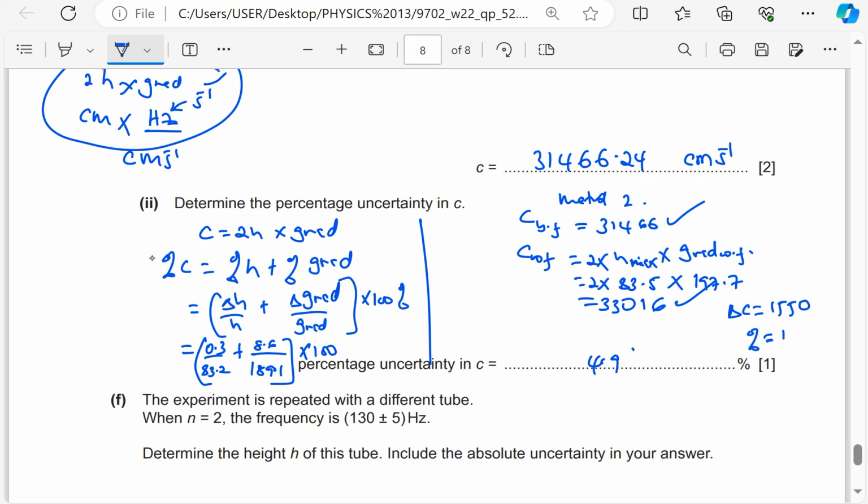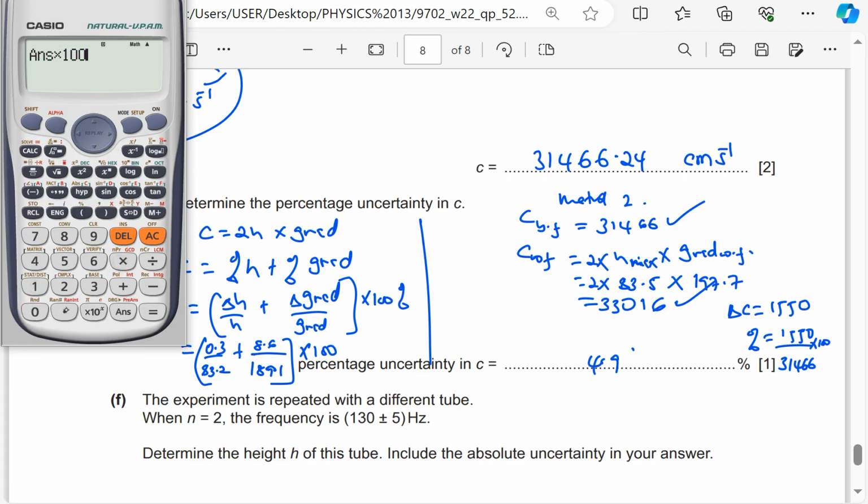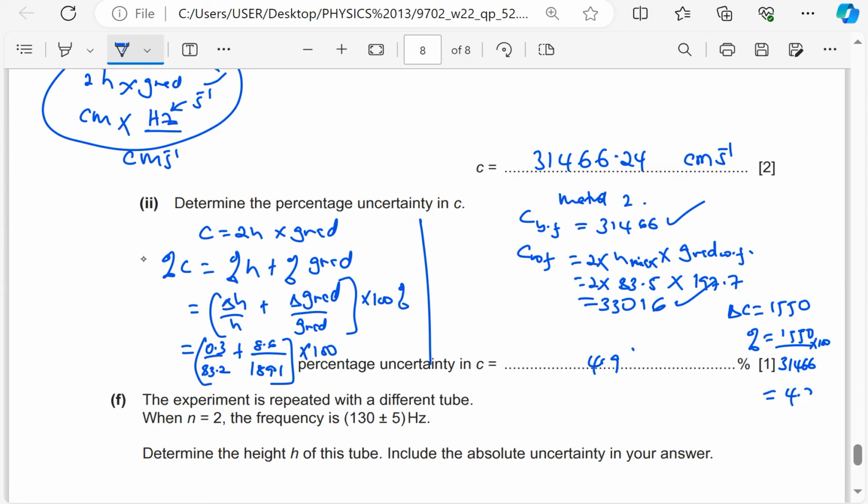Then as a percentage, it will be 1550 divided by the best value, which is 31466. Then I multiply this by 100. So this is giving me 4.9%. So this is going to be method 2.